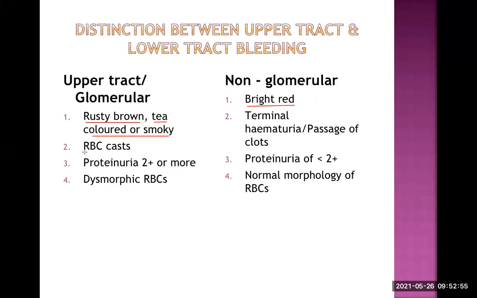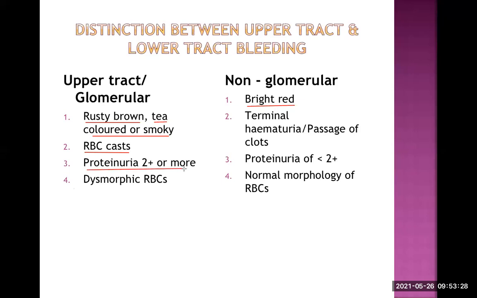Number two, there is presence of RBC casts in glomerular hemorrhage, whereas in non-glomerular hemorrhage, there are no RBC casts. Now, why is that? We need to understand it. These casts are formed when RBCs are passing through the renal tubules, then only casts are formed. In non-glomerular hemorrhage, that cannot happen, so there is no cast formation.